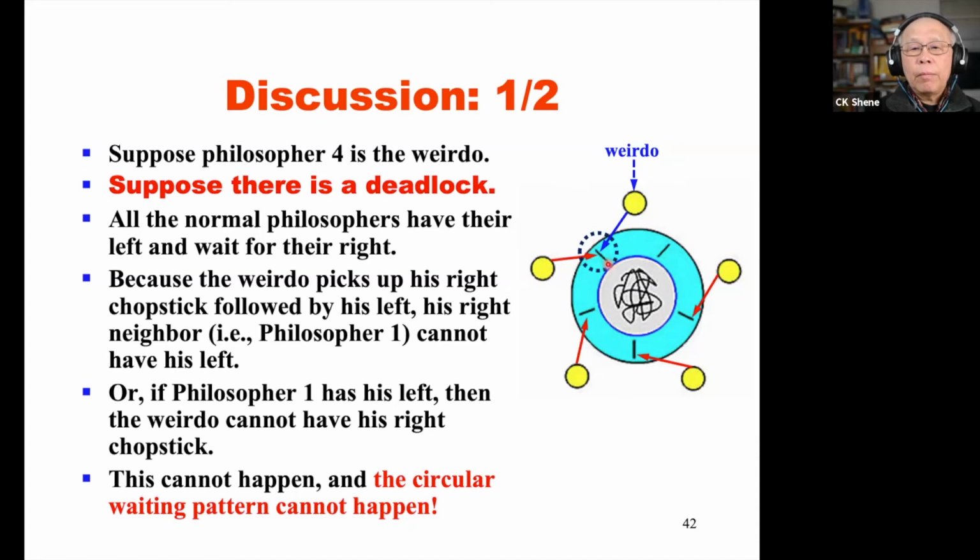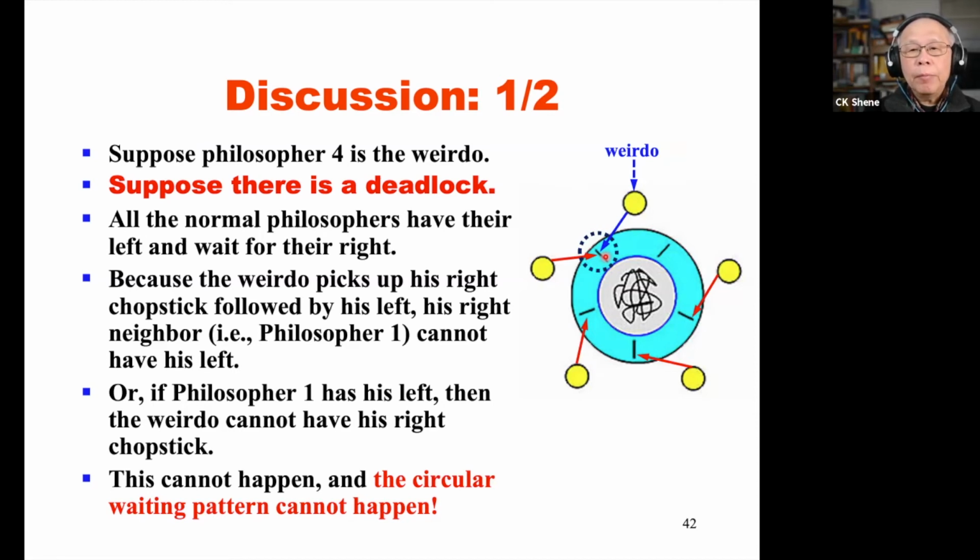So if this solution has a deadlock, that means both the weirdo and this philosopher would have this chopstick, which is impossible because this chopstick is mutually exclusive. Therefore, this cannot happen. The circular waiting pattern cannot happen. This is proof by contradiction.